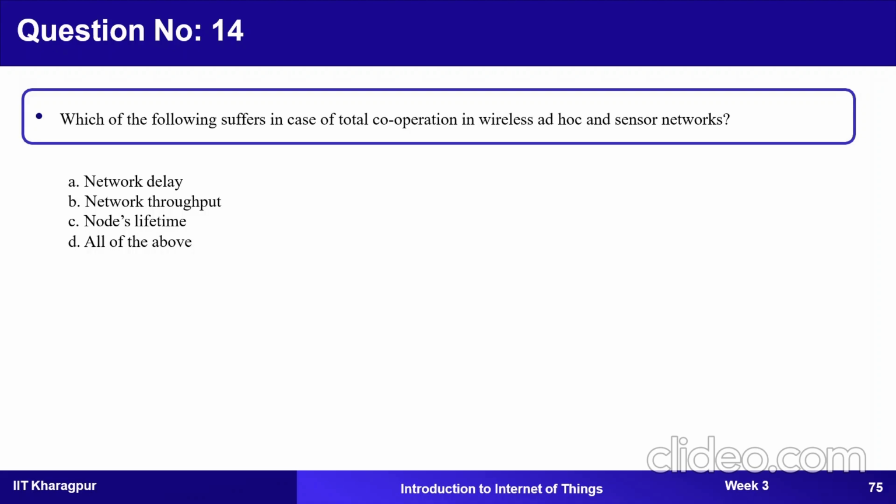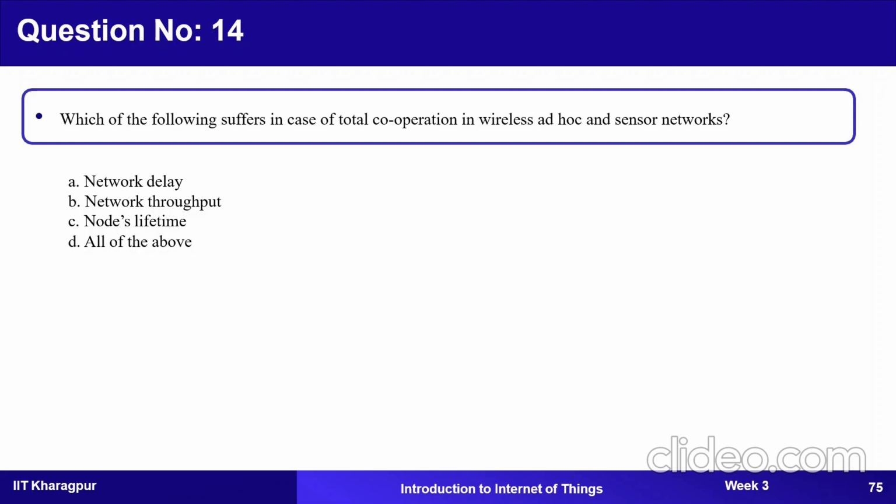So in that case, every time they exchange the data, their power is utilized, right? And if their power is utilized, their lifetime will become short. However, if there is no cooperation, it means the intermediate nodes or the relay nodes are not going to send or exchange the data. So in that case, their energy is not used, so their lifetime will remain fine.